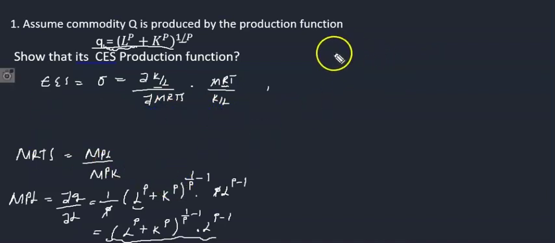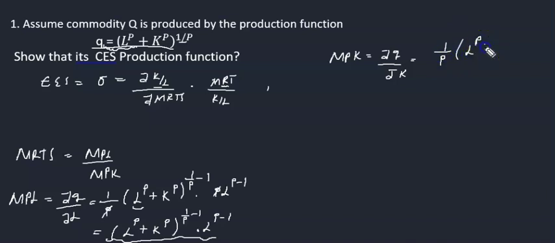So let's turn to marginal product of capital, which we'll get through the same process, differentiating the production function with respect to K this time around. We'll drop again the same power, 1 over P, multiplied by L^P plus K^P, close brackets, and the power reduces by 1, which will be like that.